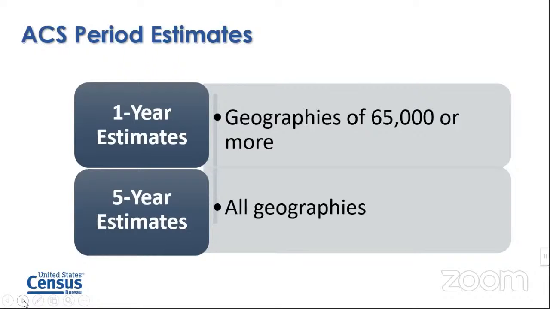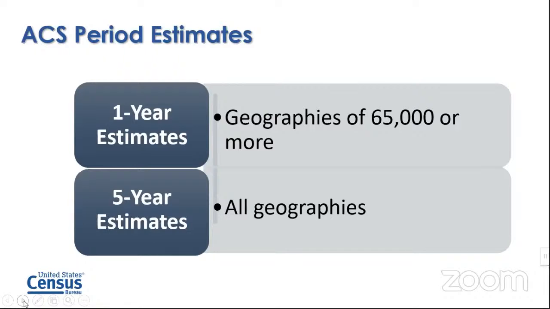Those other geographies that fall below the 65,000 threshold receive a 5 year estimate, including the larger geographies. So the 5 year estimate is basically 5 years, 60 months worth of data that is collected, aggregated, and then tabulated and published for the 5 years for all the other geographies.